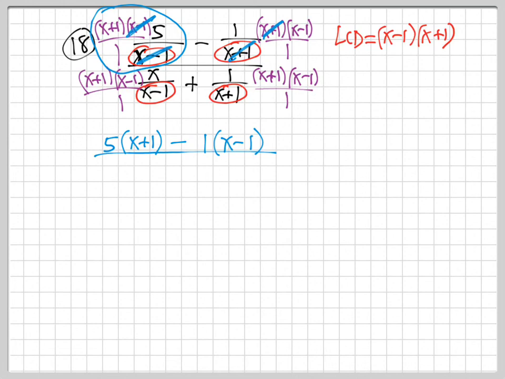Tracking with me? I know I'm moving fast. I need to go through the material. It'll be on YouTube. You can slow it down and watch it later. The x minus 1s will cancel: x times x plus 1, plus, and the x plus 1s cancel, 1 times x minus 1.